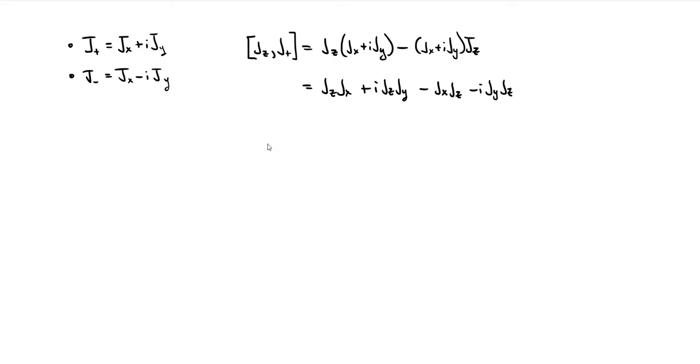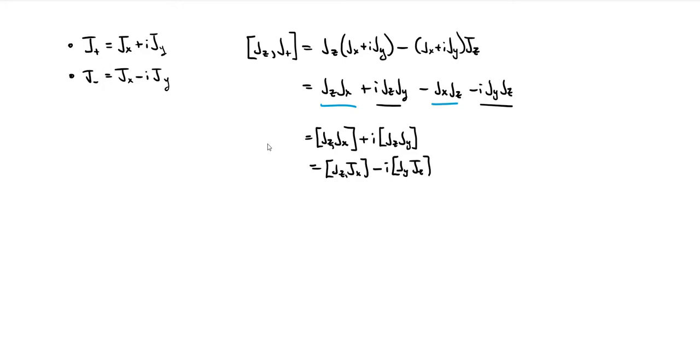If we look at this, you can see that this term minus this term is just our commutation relationship between Jz and Jx, which we know. And this term and this term is equal to plus i times the commutation relationship of Jz and Jy.